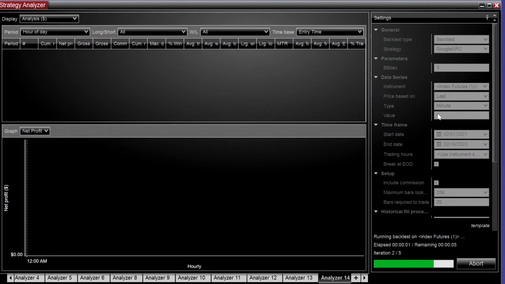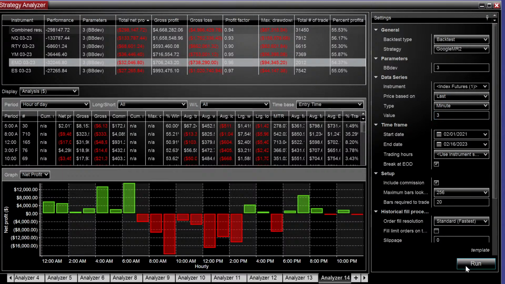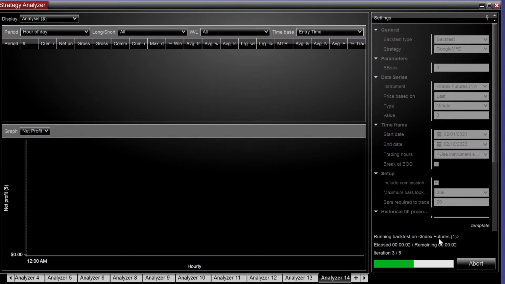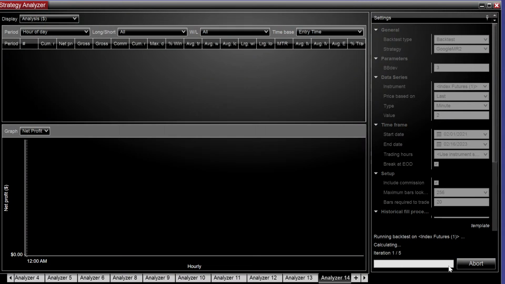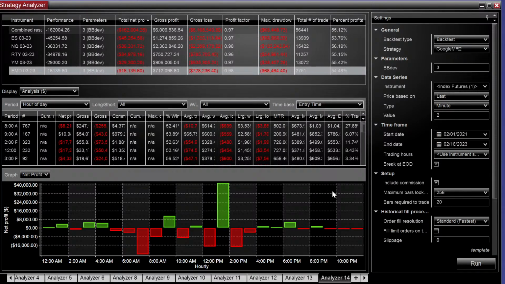I'm just going to keep it on 3 and test out the other time frames. Okay, let's take it back to the, what was it, 4-minute chart, did really good.